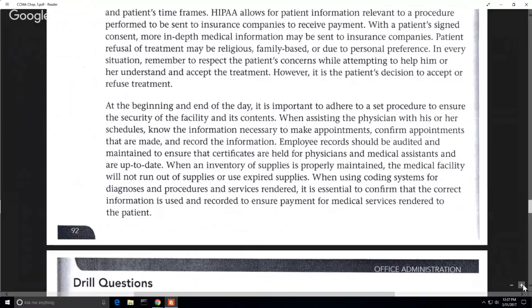When using a coding system for diagnosis, procedures, and services rendered, it is essential to confirm that the correct information is used and recorded to ensure payment for medical services rendered to the patient.